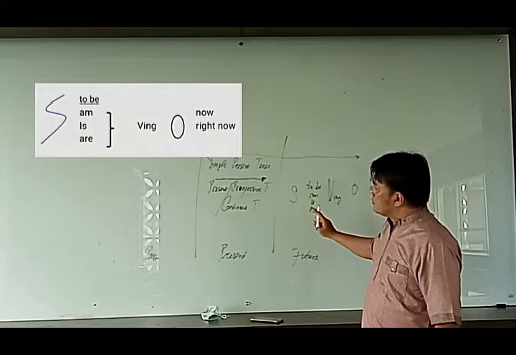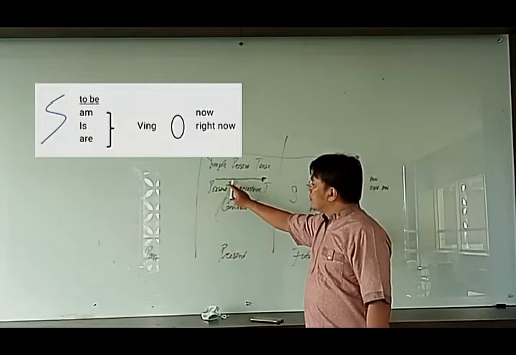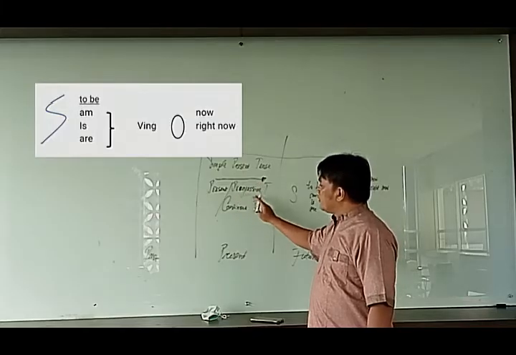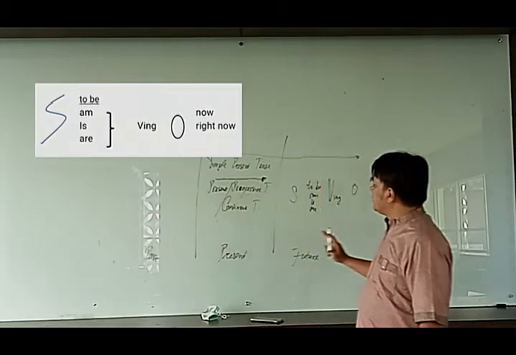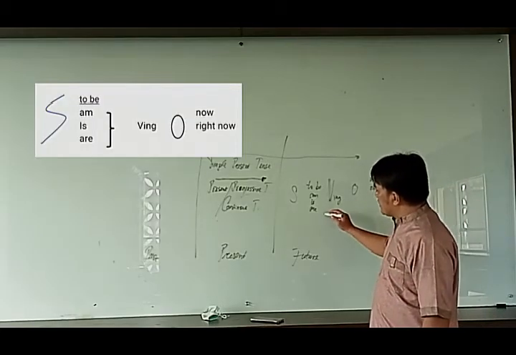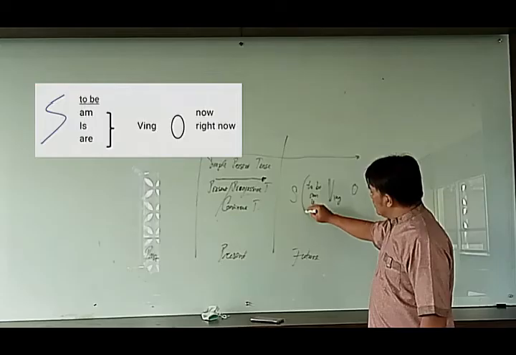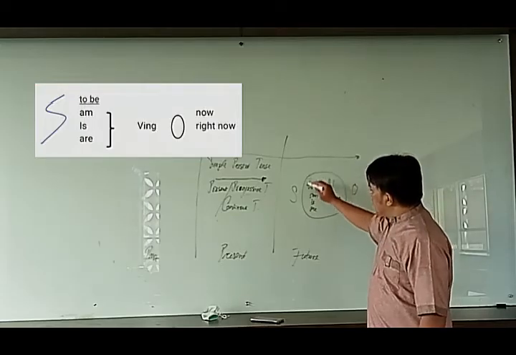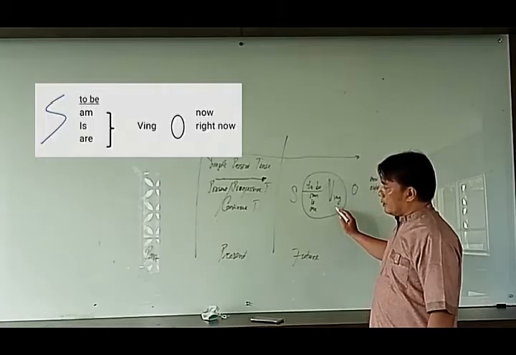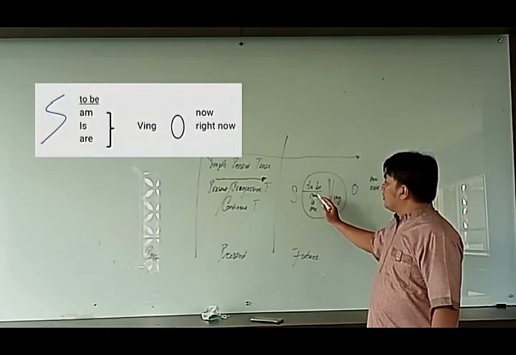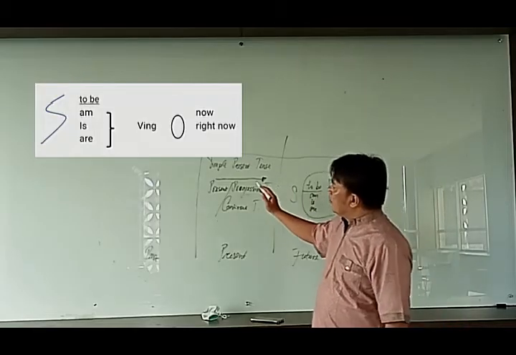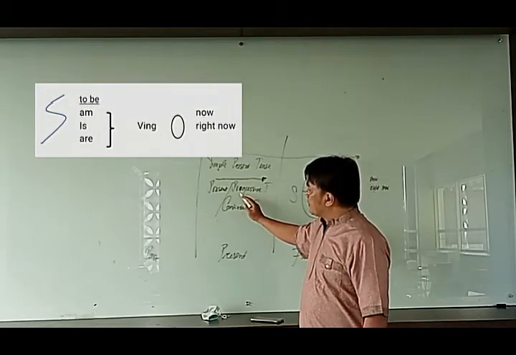Remember, this one is progressive or continuous tense, and for the progressive and continuous tense, we use to be. We use am, is, are for to be in the present tense.